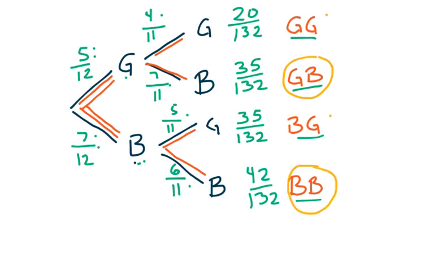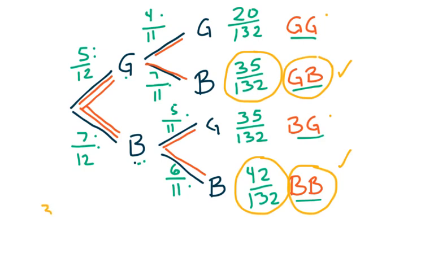So I could get green followed by blue this way or this way. Or I need to join those together. I'm going to add these probabilities together. So I'm going to take the 35 out of 132 ways that I could get green-blue, the 42 out of 132 that would be blue-blue, and add those together.